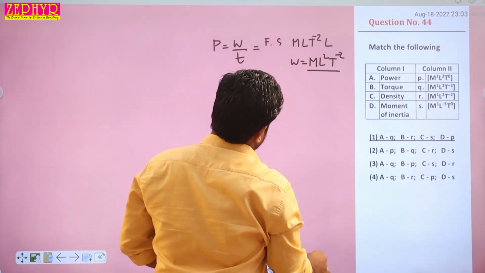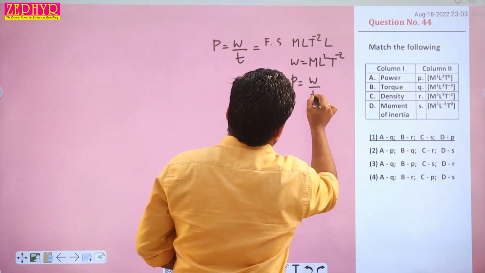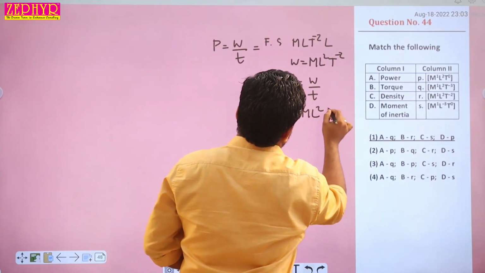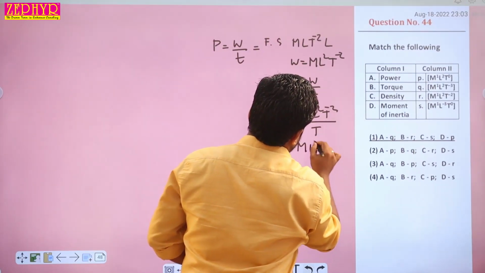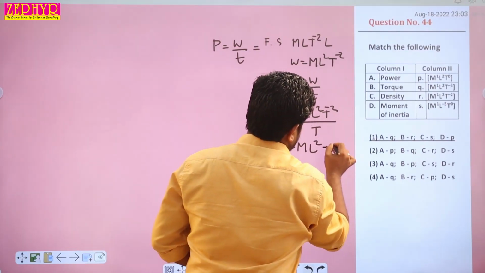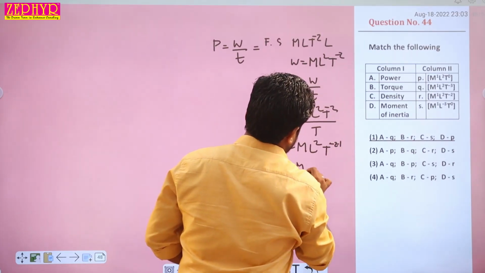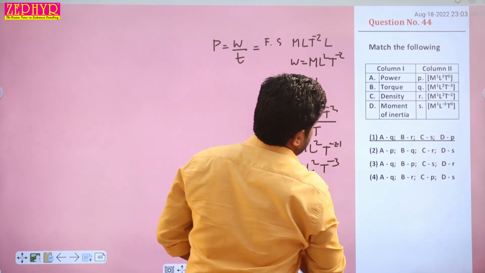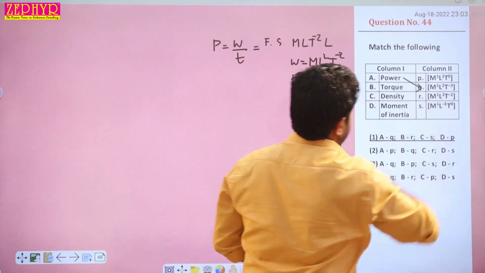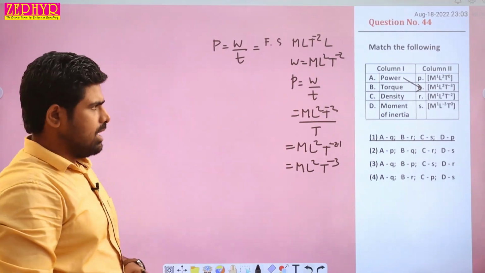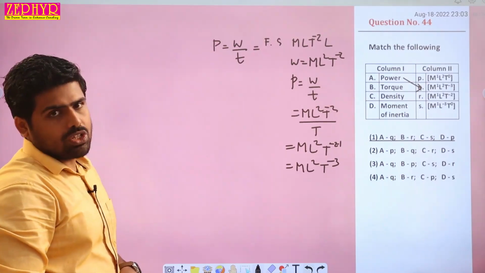Then power P is equal to W divided by T, that is equal to m l square t raised to minus 2 all divided by T, so it is equal to m l square t raised to minus 2 minus 1, that is equal to m l square t raised to minus 3. So here the dimension of power is equivalent to m raised to 1, L raised to 2, T raised to minus 3.